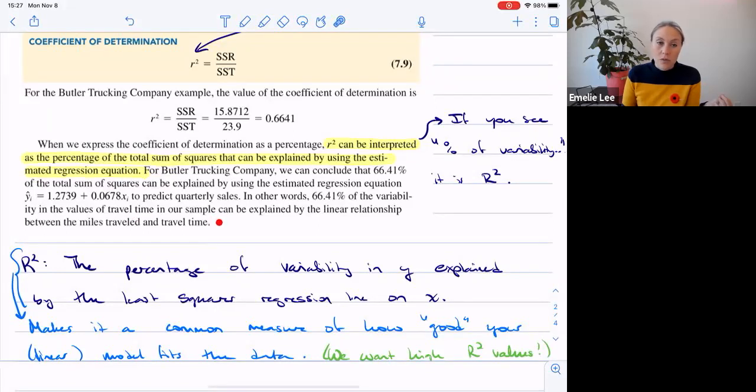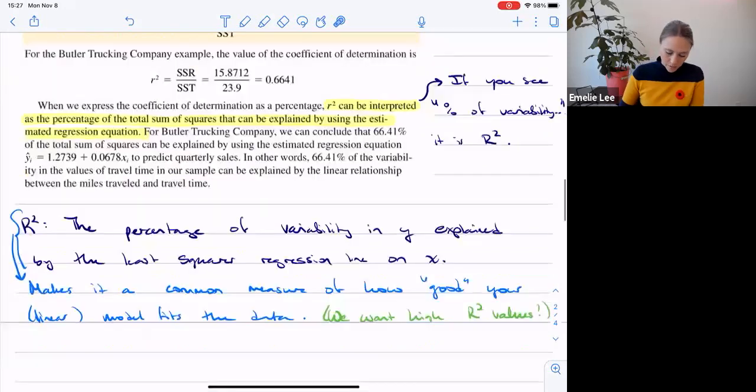That's the least squares regression line on X, right? A lot of our output is just going to give us R squared, so we don't need to worry about it so much.